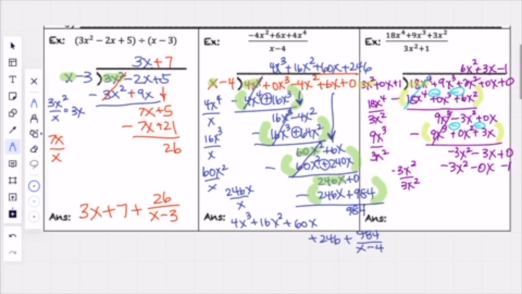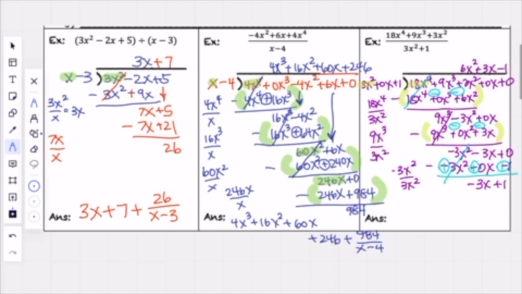When I subtract that whole thing, that means I'm going to change some signs, okay? So this is going to become positive, positive, and positive, right? All right, let's circle them to remind ourselves that we've changed those signs. This will divide out. And we're going to have negative 3x plus 0x, which is negative 3x. And then 0 plus 1 will be plus 1.